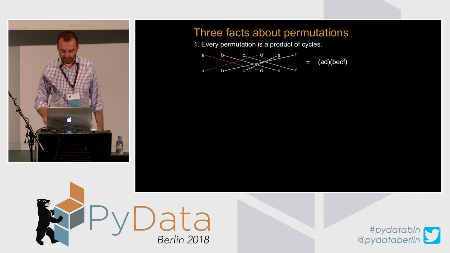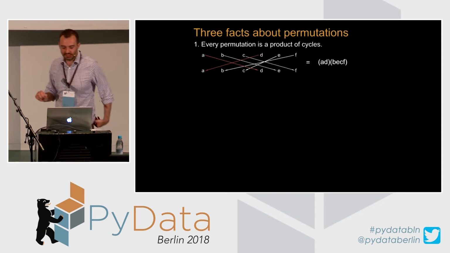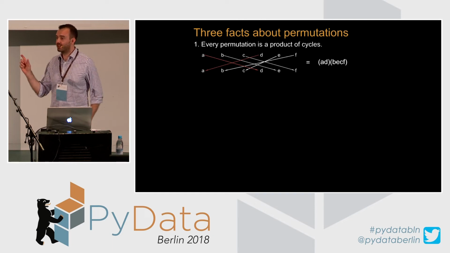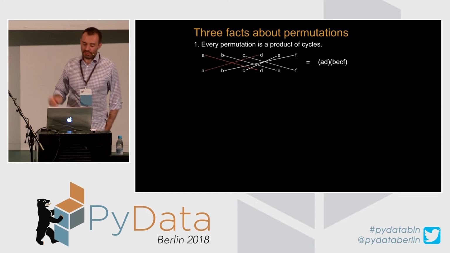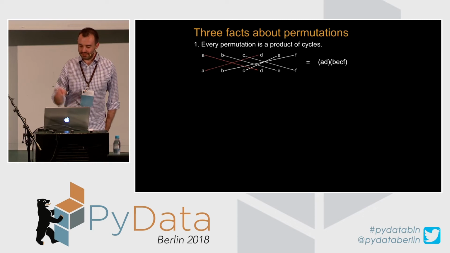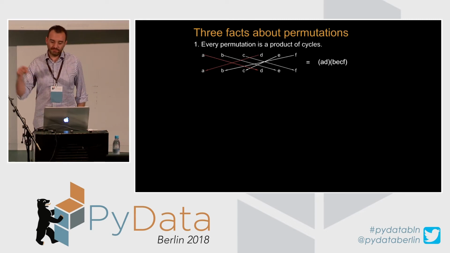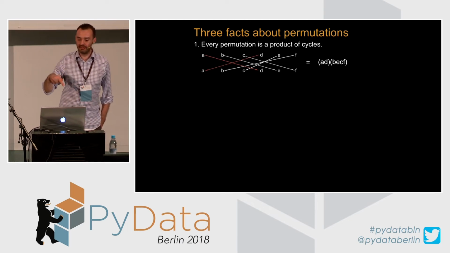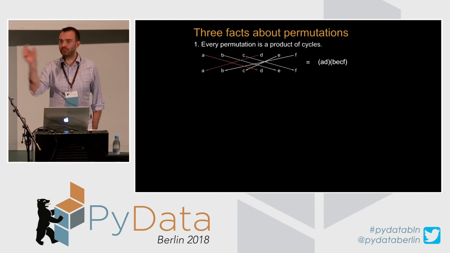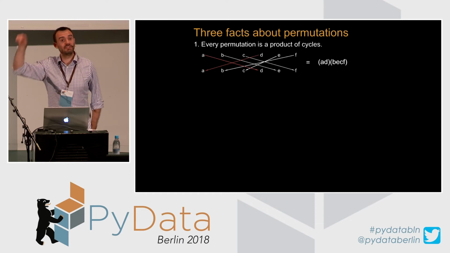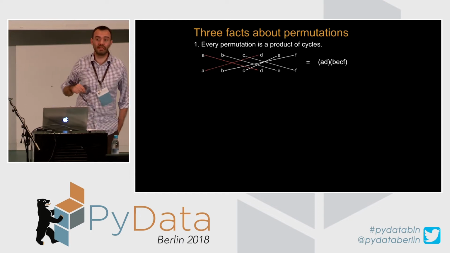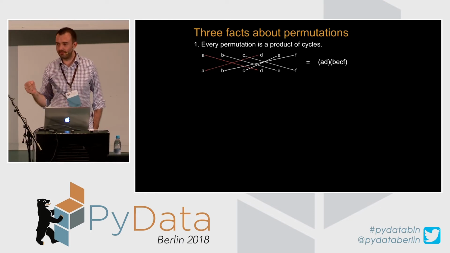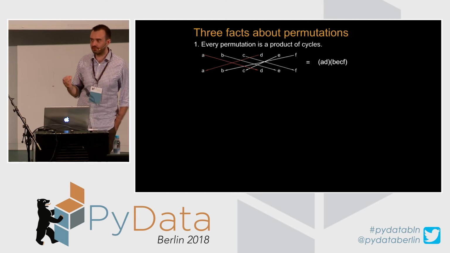And it turns out if you write this in my favorite cycle notation, you get (AD) as a cycle, no surprises there, but you can tease out that B maps to E maps to C maps to F, and F maps back to B. The important thing to note there is that both of those things in the brackets are cycles. You're just shifting things along until you get to the end, and then you go back. So I've taken this complicated thing, and I've written it out as a product of cycles.